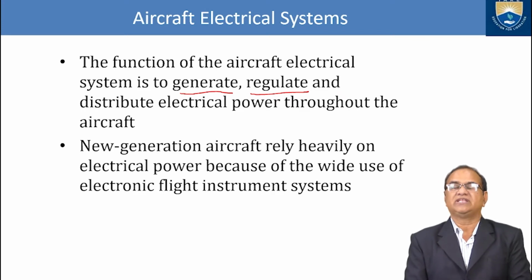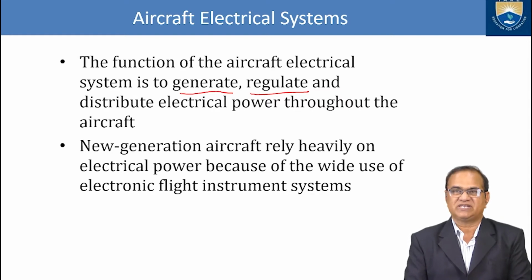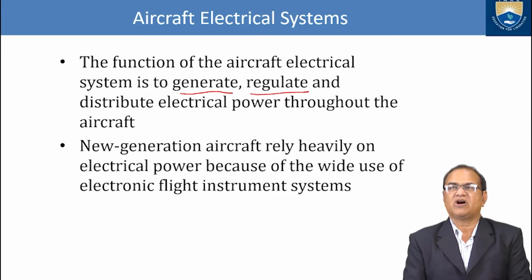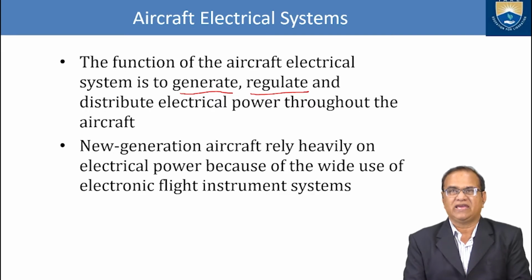In AC also, they need a different frequency, different voltage, different other parameters. Because we have different types of avionics system and they need a different type of power rating, our aircraft electrical system should be able to produce the power as per the requirement of the system.